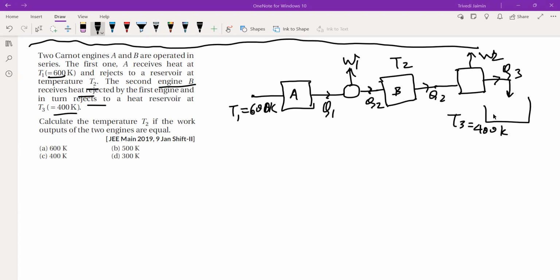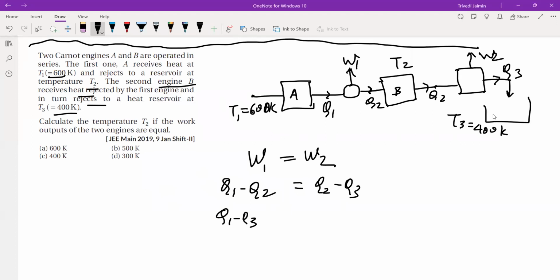Let's equate this: Q1 minus Q2 equals Q2 minus Q3. So if I solve this, Q1 minus Q3 equals 2Q2.